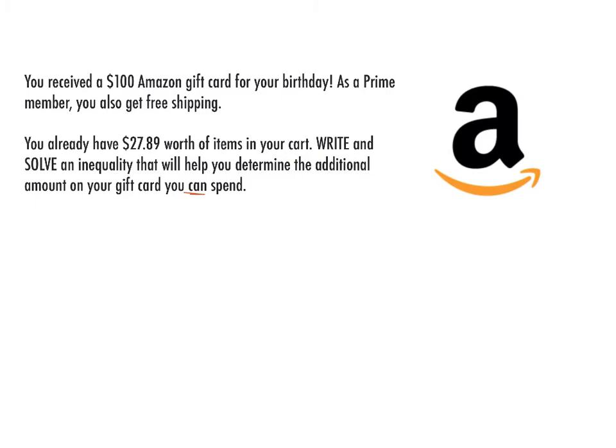So how would we logically write this, and then we'll solve it? Well, let's think. I've got some sort of total here that I could spend, right? It's $100. I'm going to write that off to the right. I like to write my totals on the right. But how would I get to 100? Well, I've already put some stuff in my cart, right? Yeah, I put $27.89.